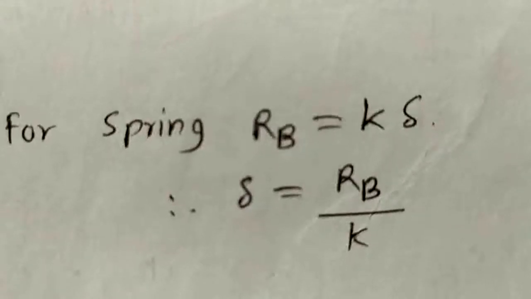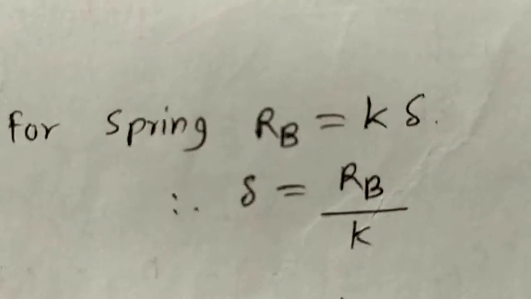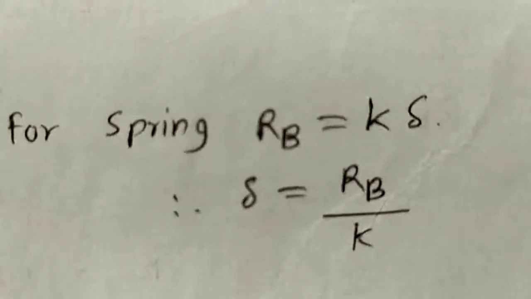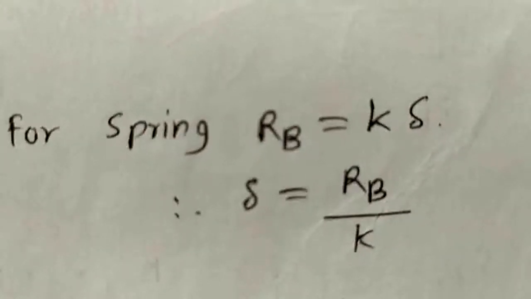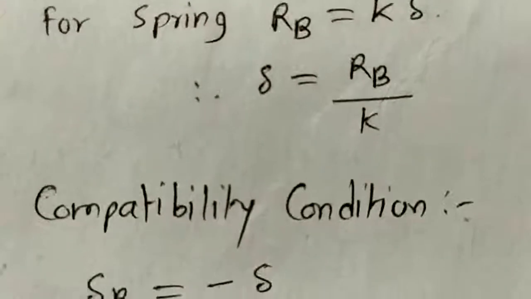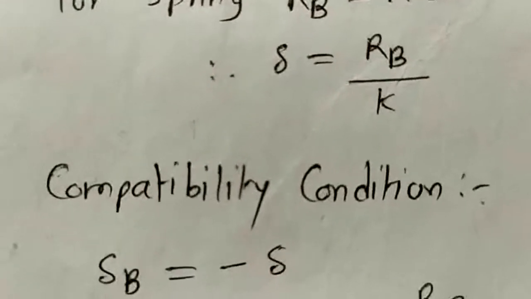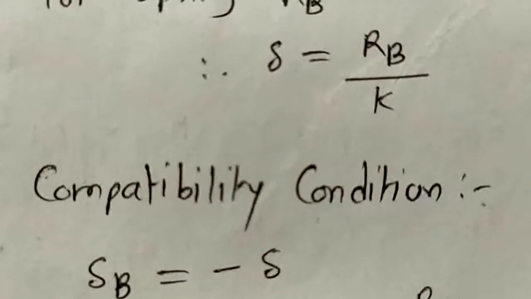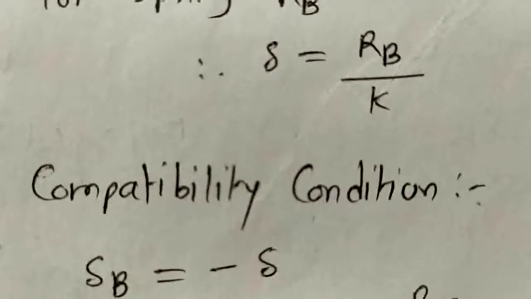Now for the spring, reaction RB will be equal to K into delta. That's why we can write delta equals RB upon K. Now come to the compatibility condition at joint B. At joint B, delta B must be equal to minus delta.